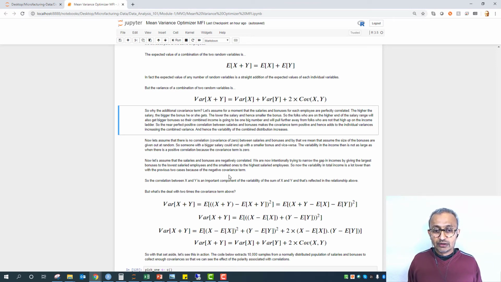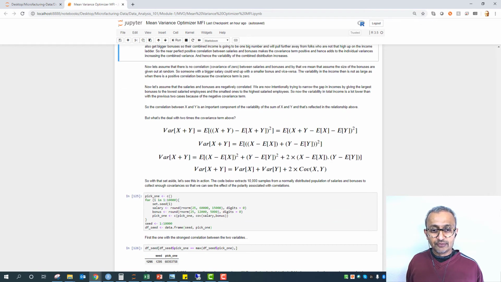Conceptually it makes sense if you think about it, okay. And you can also always read up on it here. The correlation between x and y is an important component of variability of the sum of x and y, and that's reflected in the relationship above, right? We are adding this covariance term, which actually dictates that.